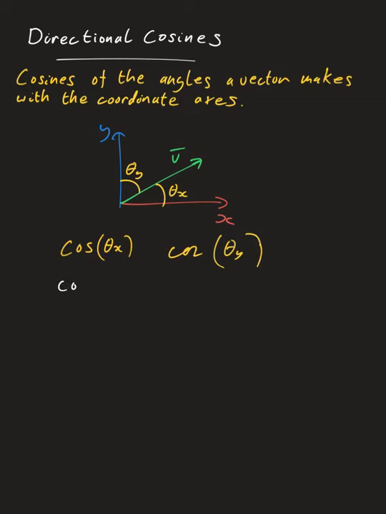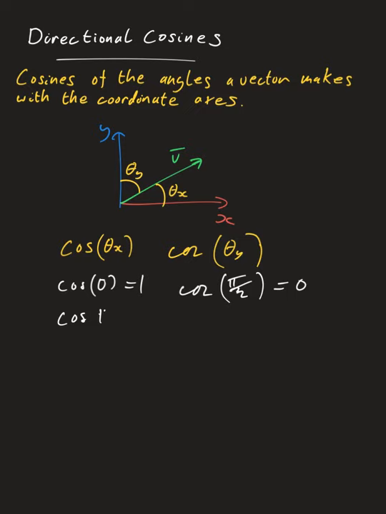Remember that the cosine of 0 is 1 and the cosine of pi over 2 radians, or 90 degrees, is 0. So that means that if a vector is in the same direction as an axis, then that directional cosine will be 1. And if the vector is at 90 degrees to an axis, that directional cosine with that axis will be 0.